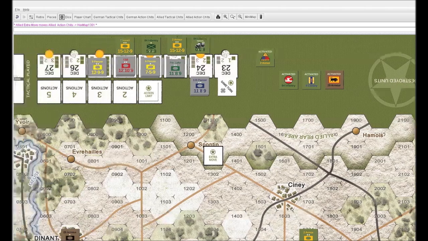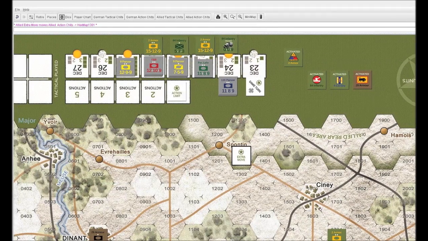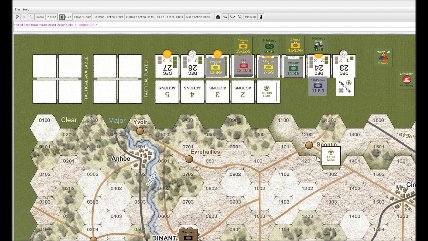And so then they pull an extra move, which is now placed in the tactical available pool. It's important to note that you continue pulling until you actually pull an action chit or a formation chit. They're the same thing, synonymous.